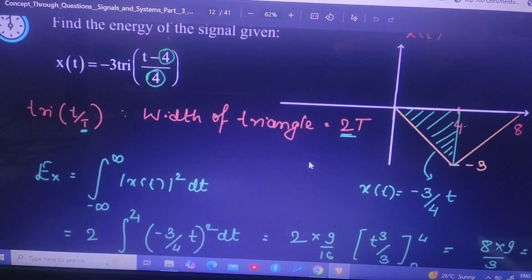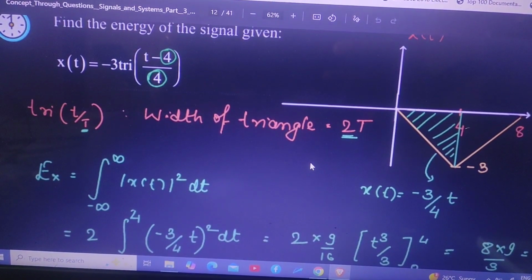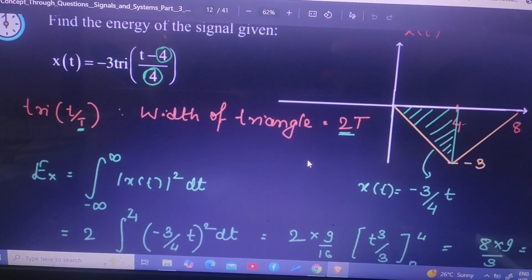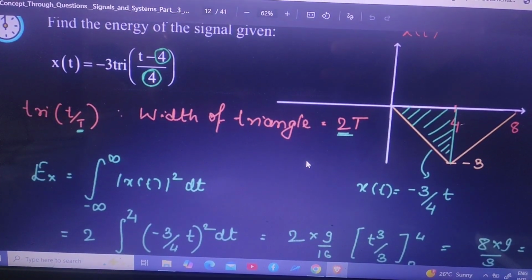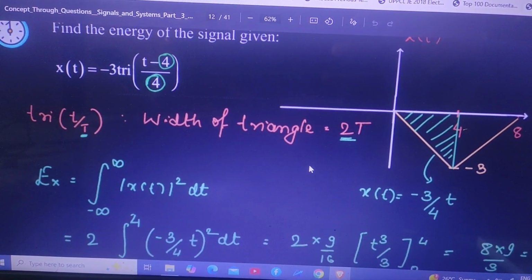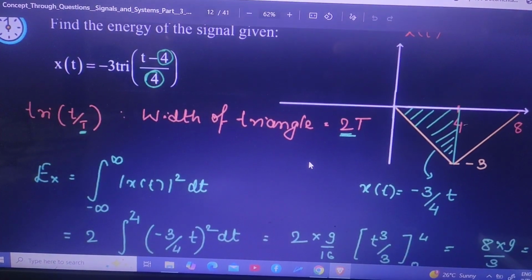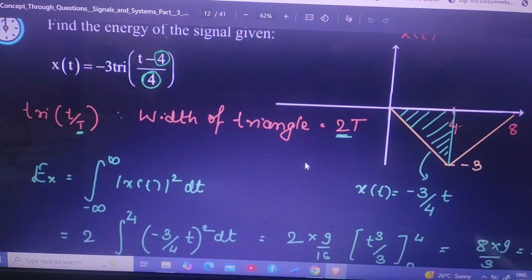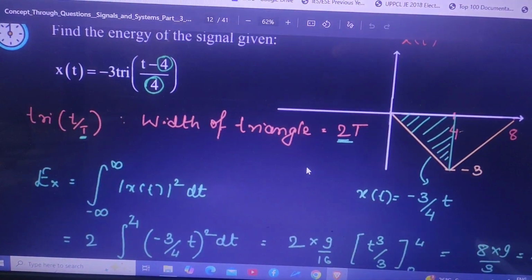So he has written the slope equation for half of the triangle, that you will get as x(t) is equal to minus 3 by 4 into t. Now he substituted in the energy, you can write it as, when two triangles are of the same width, 2 into integration 0 to 4 of (minus 3 by 4 t) whole square into dt, twice the area.